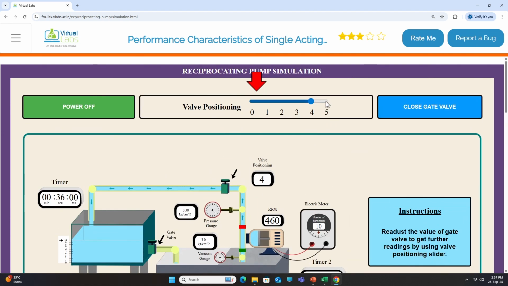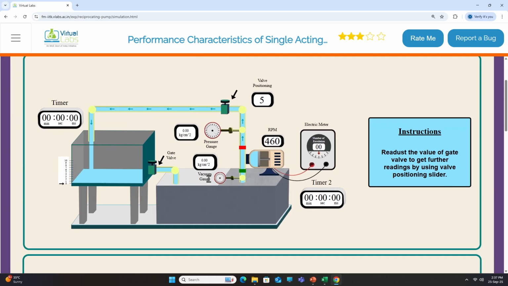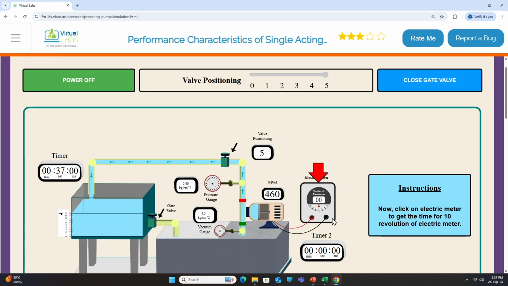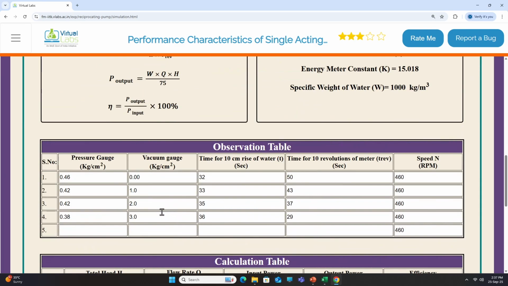The last position of the valve, closing the gate valve, it took 37 seconds, and I will start the meter. 37 seconds, pressure gauge reading as 0.4 and vacuum gauge as 3.5, time for 10 revolutions is 31 seconds.